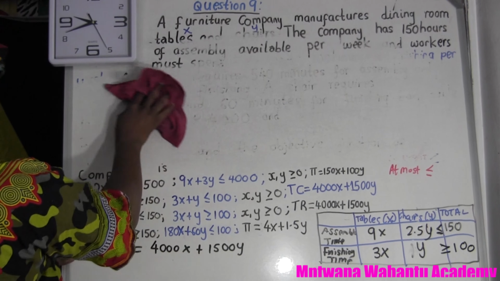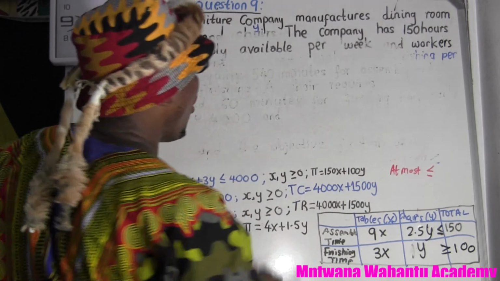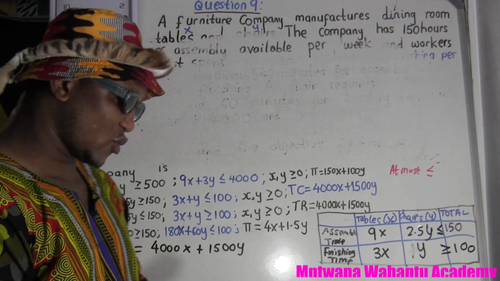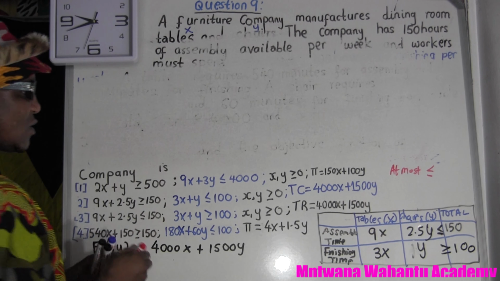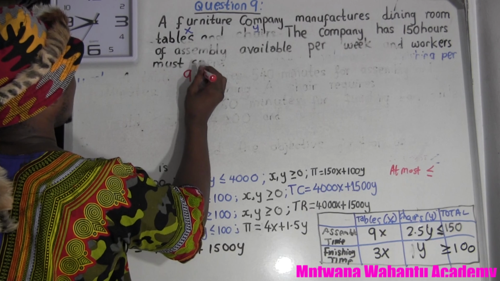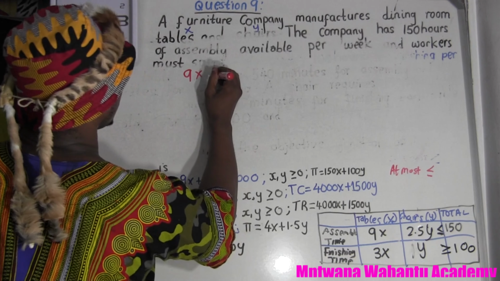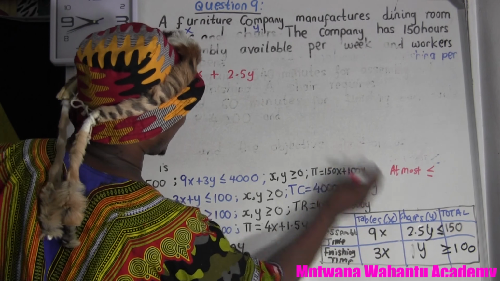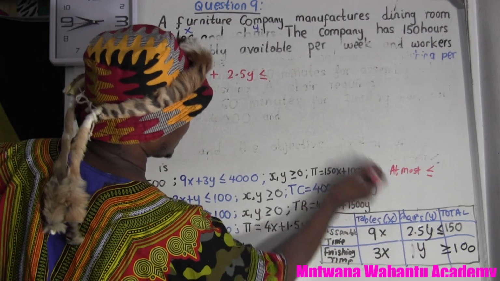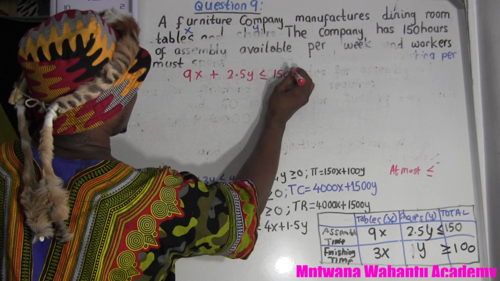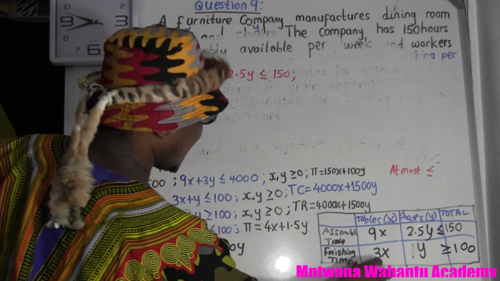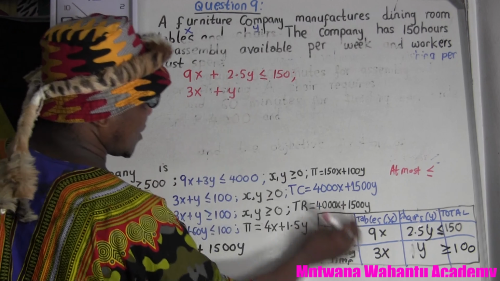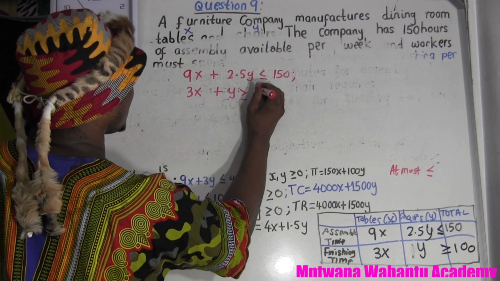Okay, so in that case we have all our constraints. Look, the first one is 9x plus 2.5y, less than or equal to 150. The second one, 3x plus y, greater than or equal to 100.